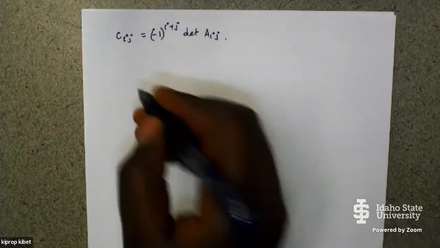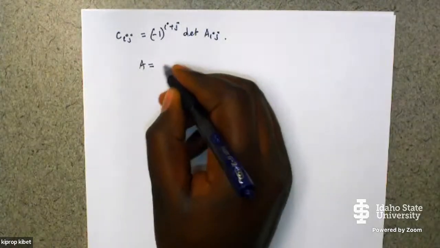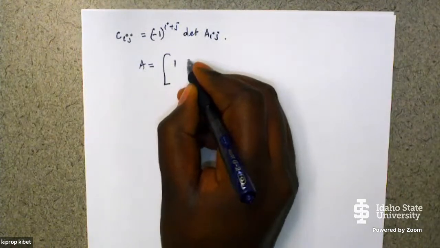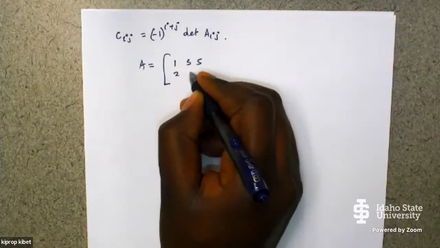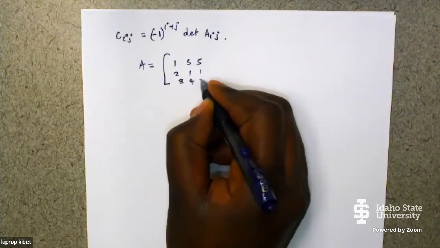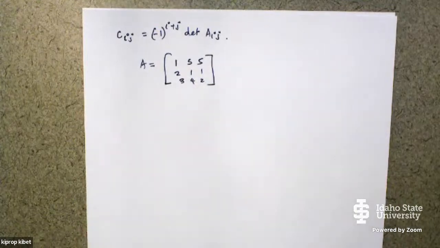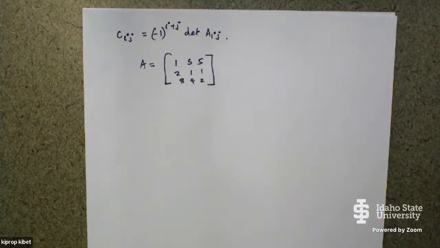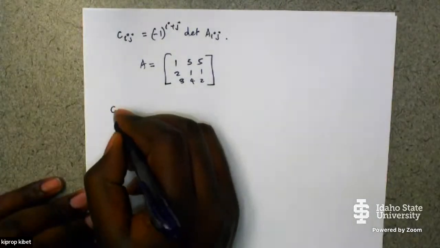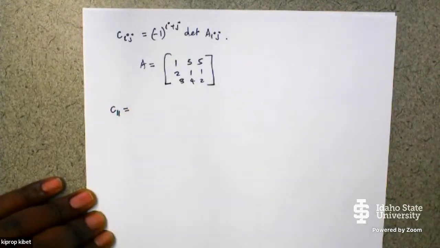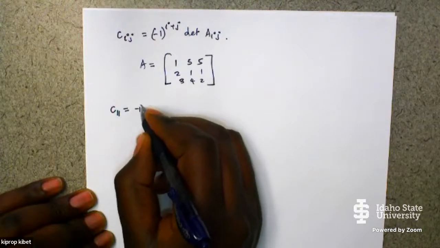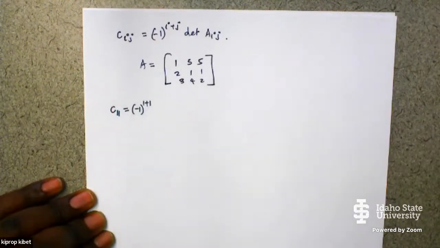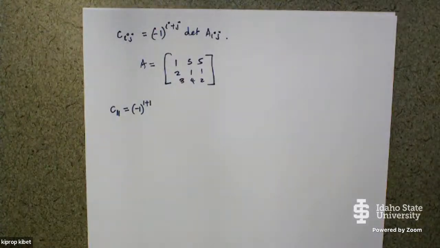So if we have this matrix A equals 1, 3, 5, 2, 1, 1, 3, 4, 2, then the first cofactor here, C11, is minus 1 raised to 1 plus 1, by deleting the first row and the first column.